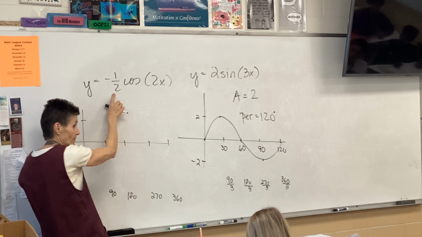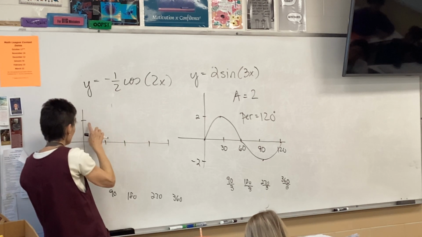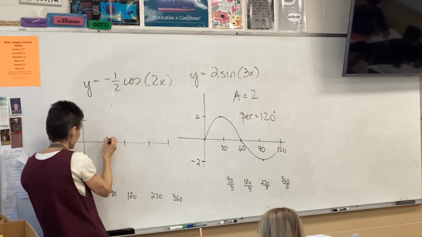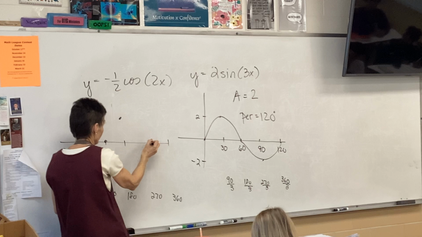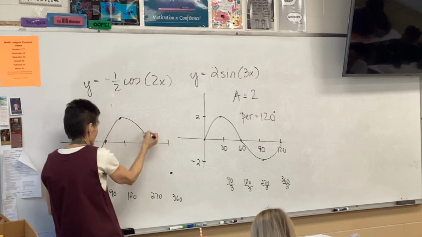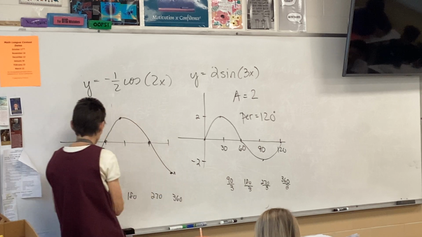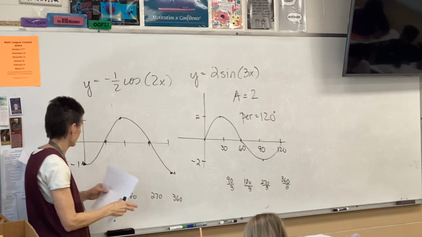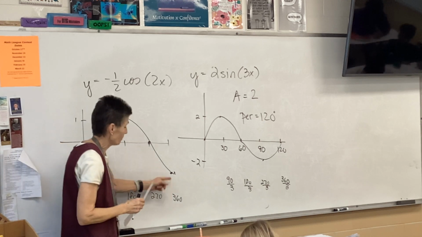Which means what? The picture. Instead of starting up here, it's going to start down here and go up. So we're making very sure that we are putting our points right where Mrs. Ford is putting them.